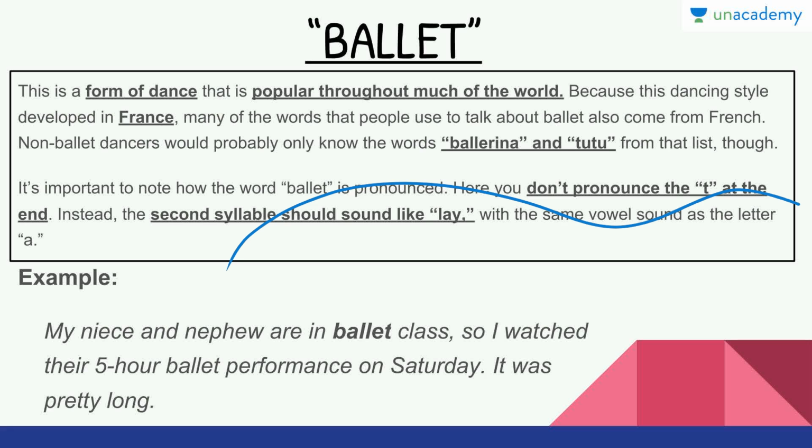I have seen so many random pronunciations of this word, but the correct one is ballet, right? So you do not at all pronounce the T in the end. It's completely silent. And the second syllable, which is L-E, is lay. So it's ballet, okay? This is how we pronounce it and this is what it means.